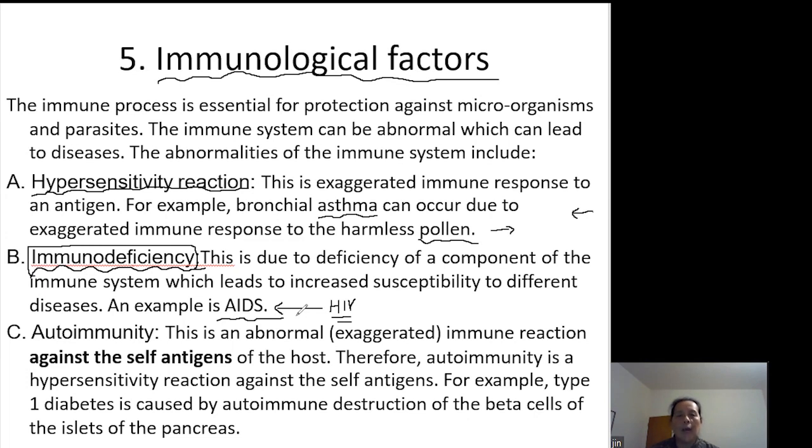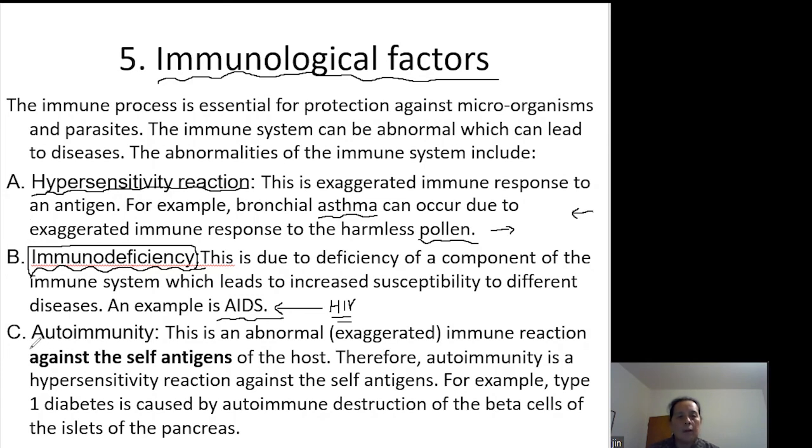This kind of virus especially attacks the cells of our body's immunity system and causes the immunity deficiency. So that's two aspects: one is being too sensitive, one is deficiency.